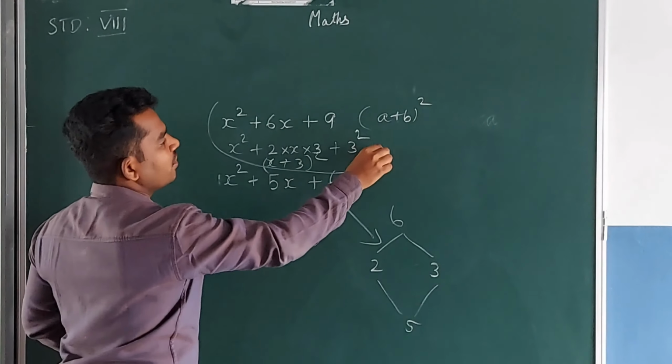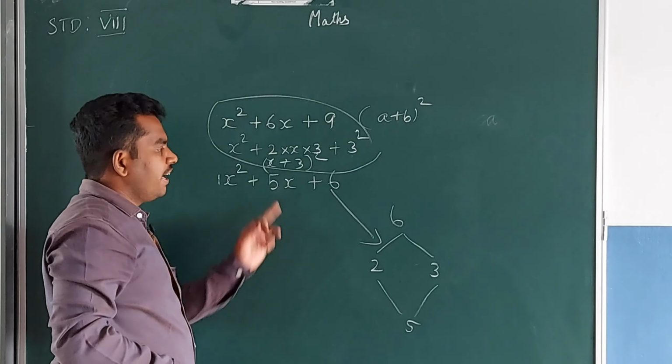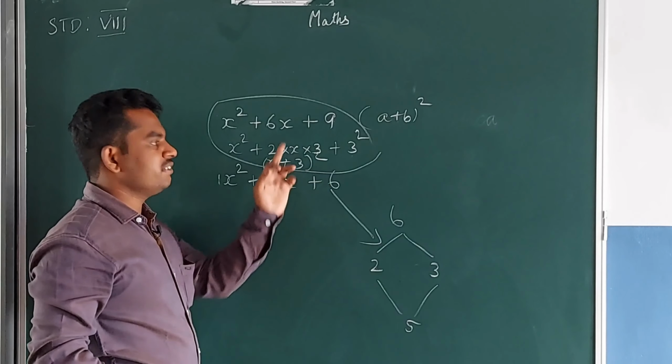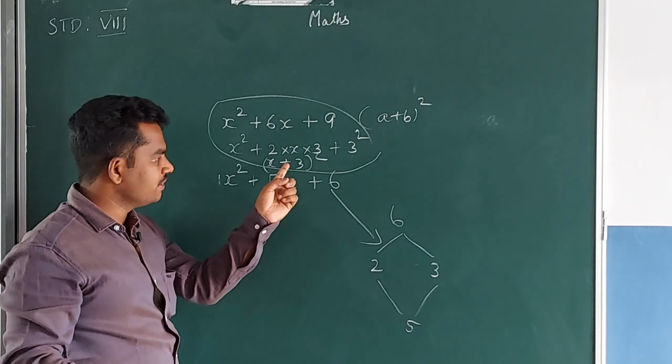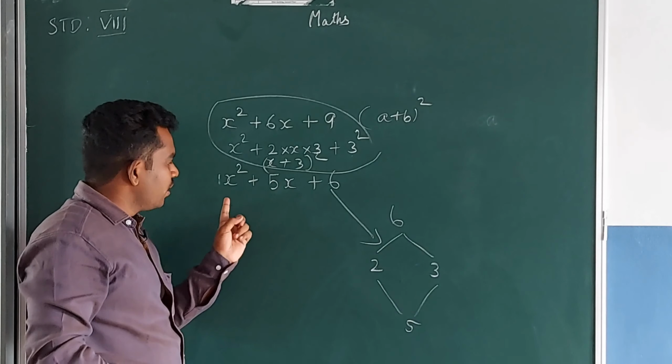The factors are x plus 3, x plus 3. X plus 3 the whole square means x plus 3 into x plus 3. That is the meaning of these factors.